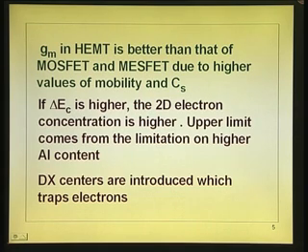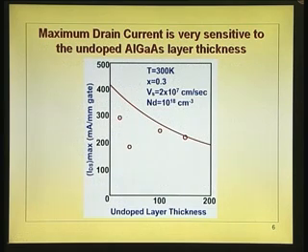So, this is the DX center, it is a trap level. So, there is an upper limit of that, usually they limit it to X of about 0.3, not even go to 0.4, which will be giving you delta Ec less than 0.3 electron volt.